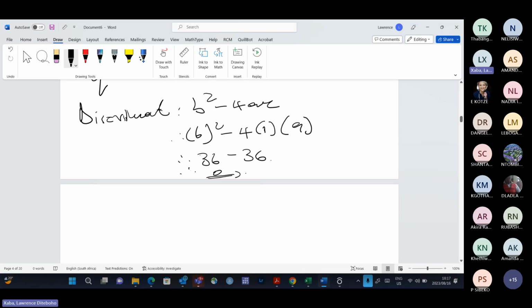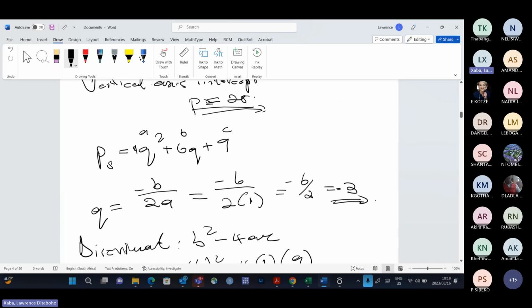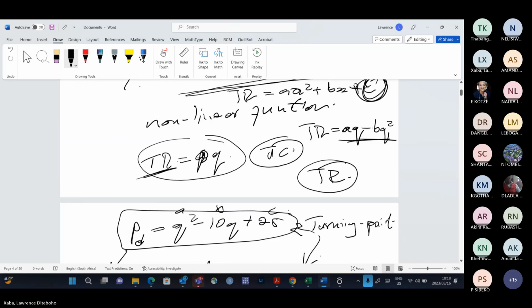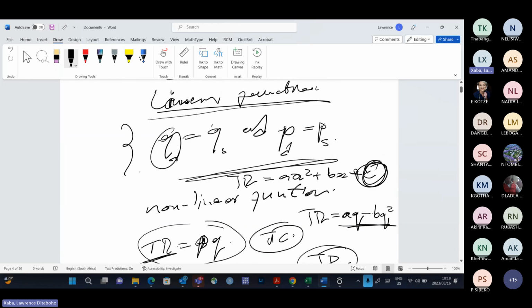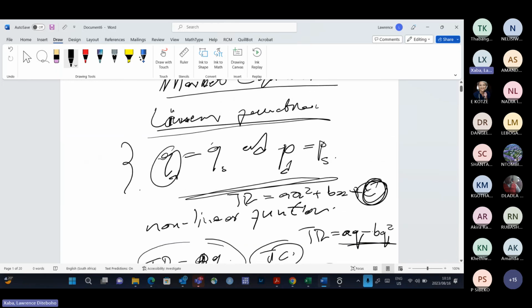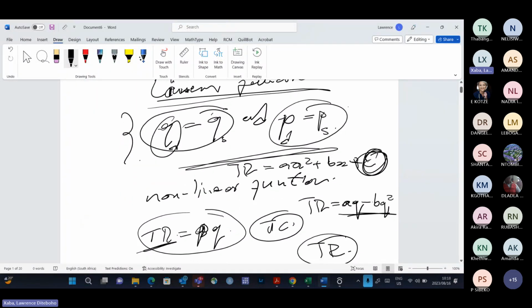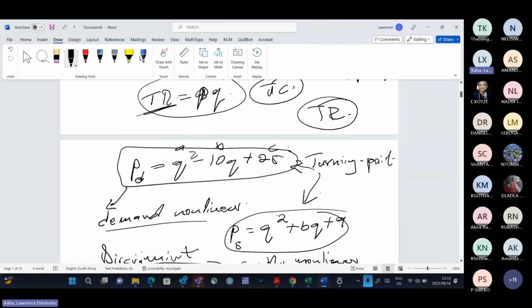Okay, so now we are done. So what do we do now? We want to equate our equations, where, if you remember, under equilibrium, I mentioned earlier, under the linear function, this is what we discussed, to find the intercept point where these two graphs intersect.